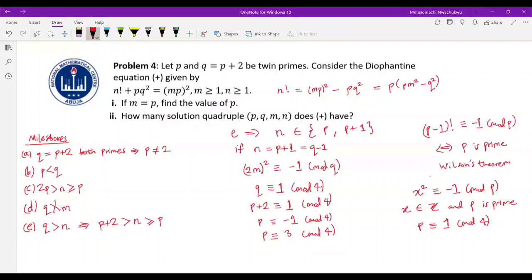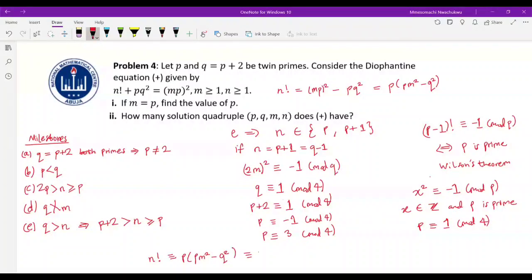So now what does that imply? This implies that n factorial, you can take mod 4 of this. So n factorial is congruent to P into (Pm squared minus Q squared), and we're taking mod 4.